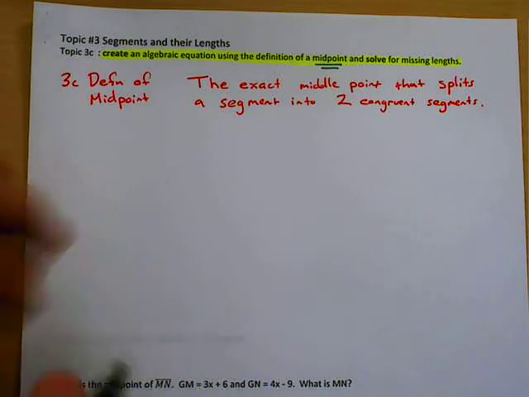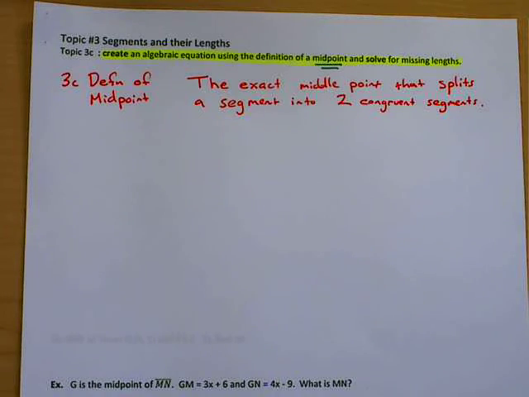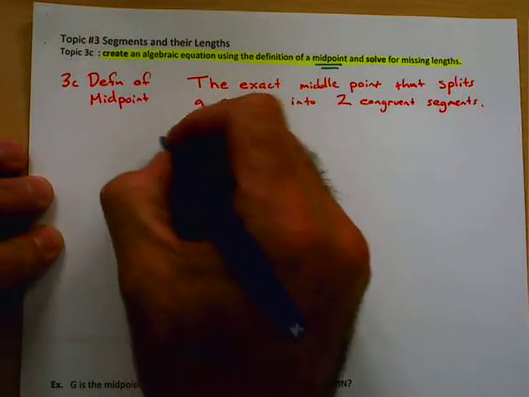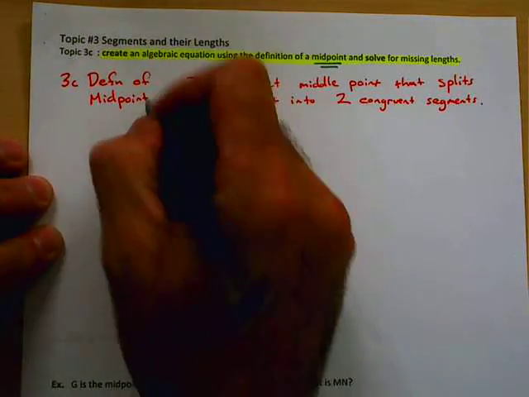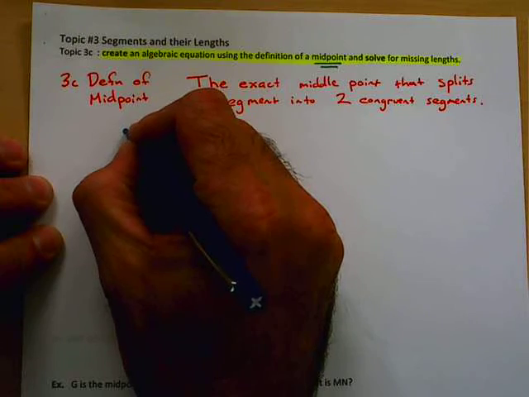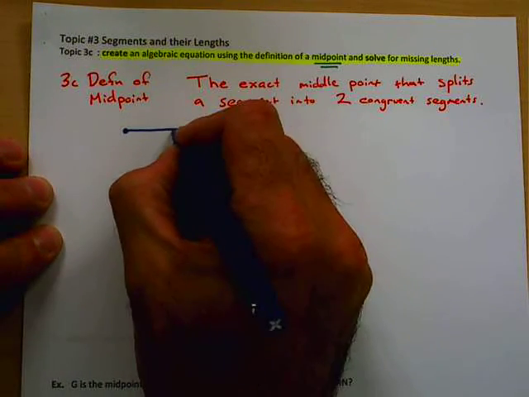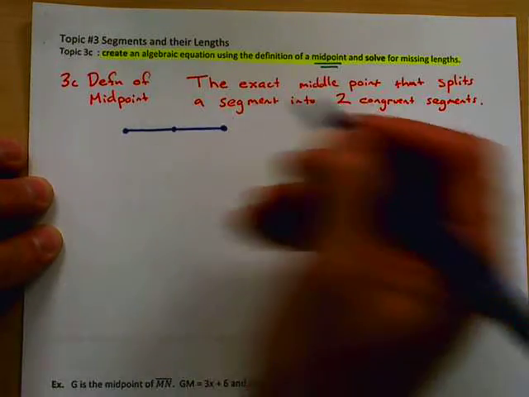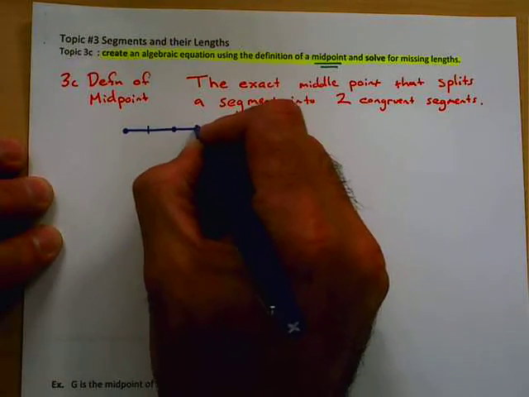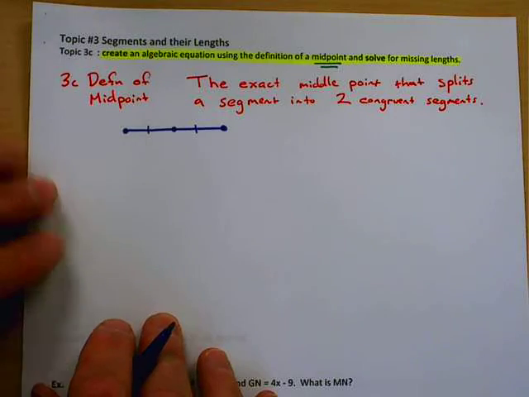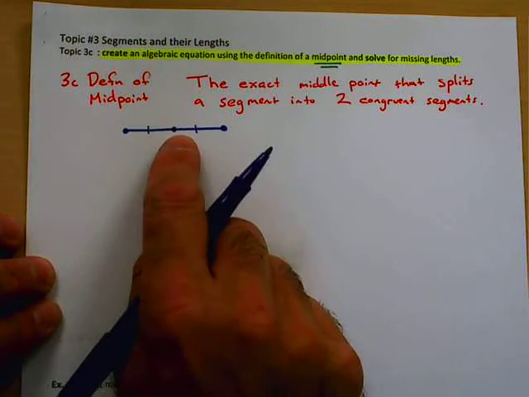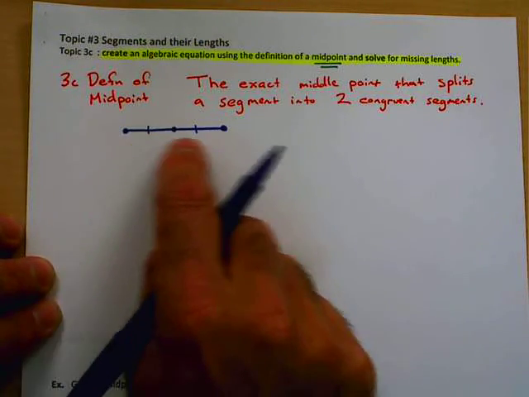And if we look at something like that, if we're going to draw it, and I'm very big on drawing whatever we have, so I would definitely draw this. That's my segment. The midpoint would be roughly there. And to indicate that we are trying to show the exact midpoint, you're going to mark it with tick marks.